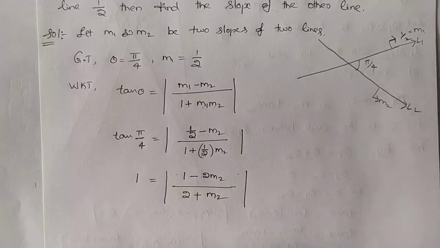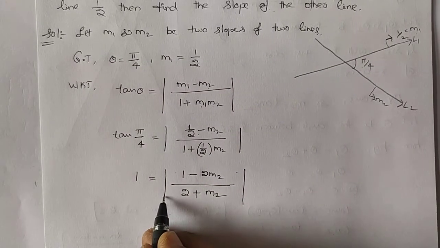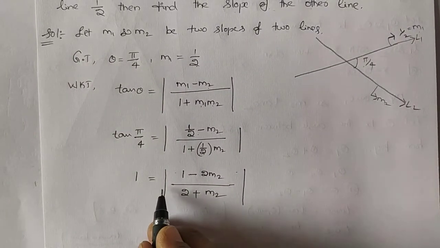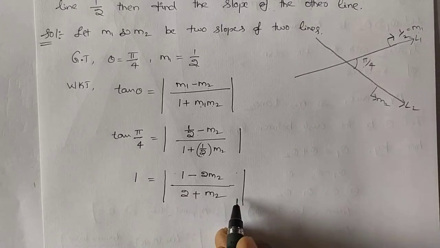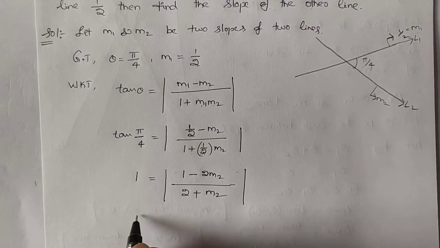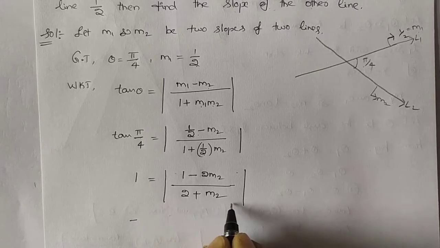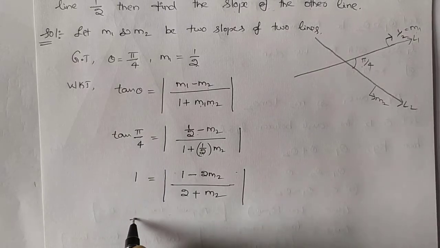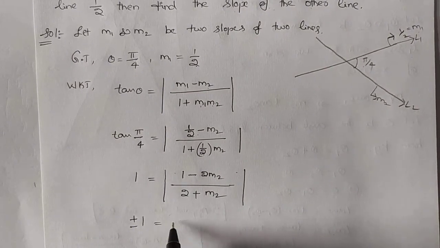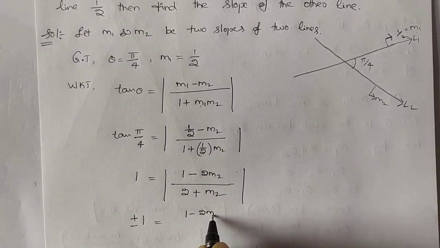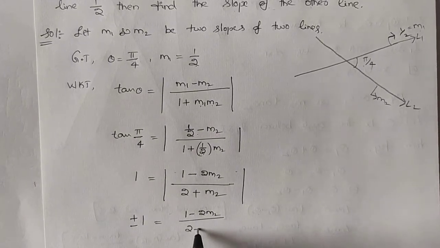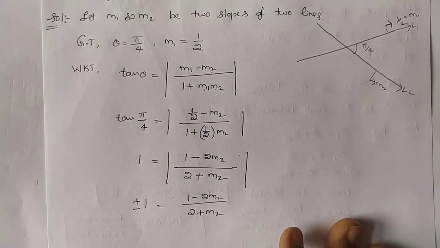Modulus represents plus or minus. Therefore, if we remove the modulus, then 1 will become plus or minus 1 equals (1 minus 2 m2) divided by (2 plus m2).